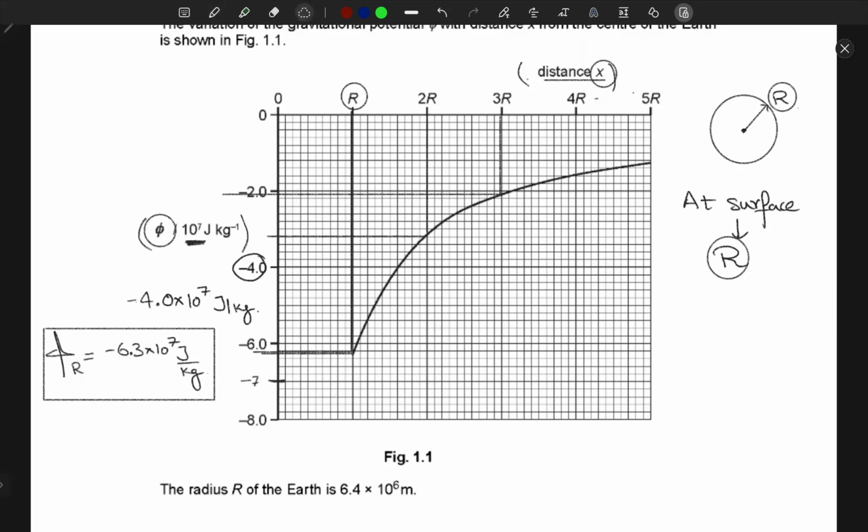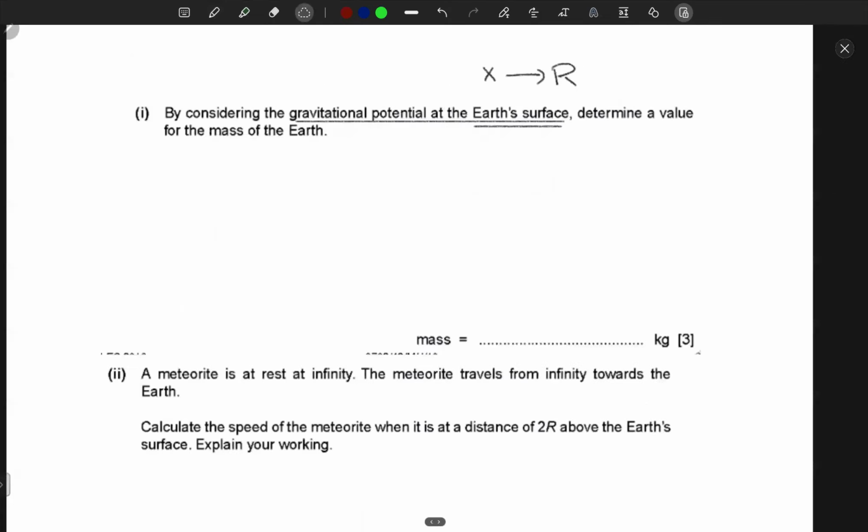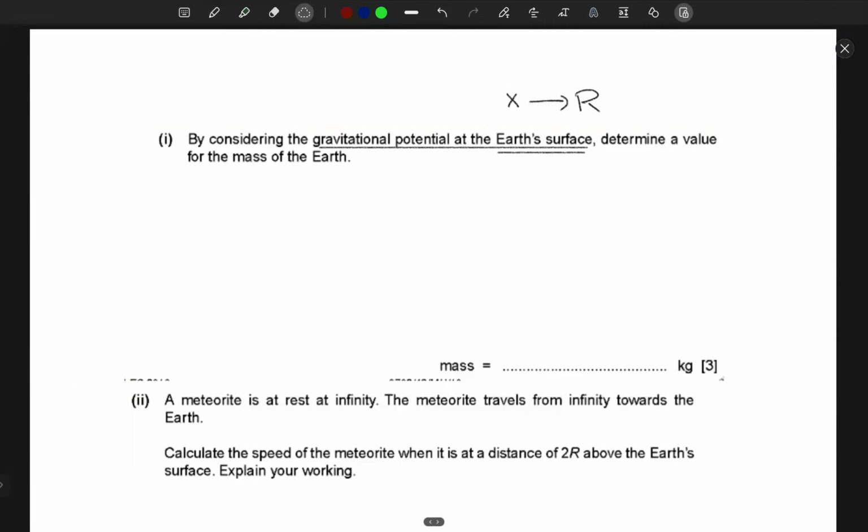So this is the value that we get, we use the graph to find this value for the potential. Now I'll just take this value and let's take it back over here. Paste. Okay, here it is. So this is the value that we obtained from the graph, and we have to use this value to determine a value for the mass of the Earth. So we know phi is equal to what?